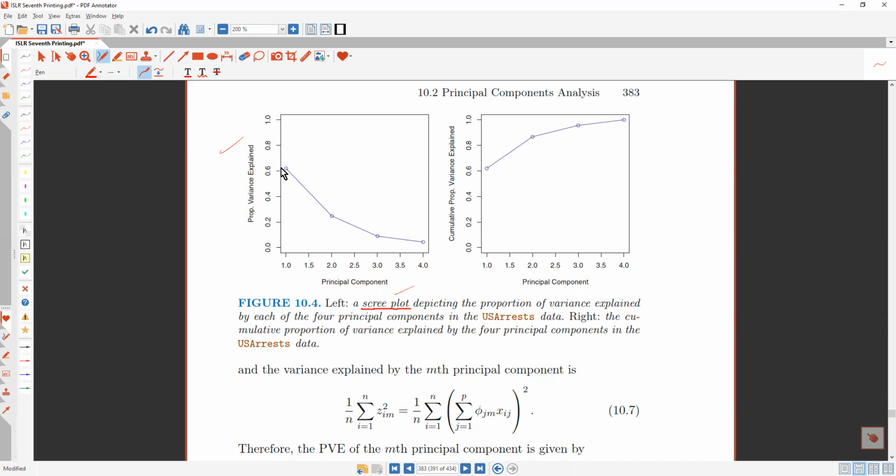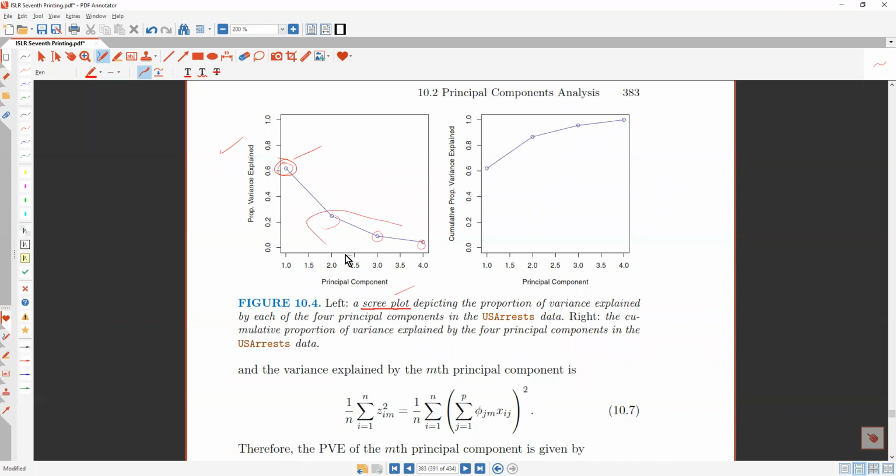The way you would look at this is you look at the proportion of variance explained here, here, here for the different components. And what you're usually going to see is a drop here. Sometimes we say, look for the bend in the elbow. Here, I don't really see a bend in the elbow, but I'd say it looks like component 1 is accounting for most of the variance.